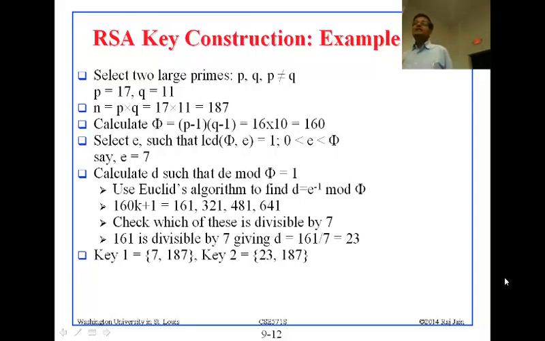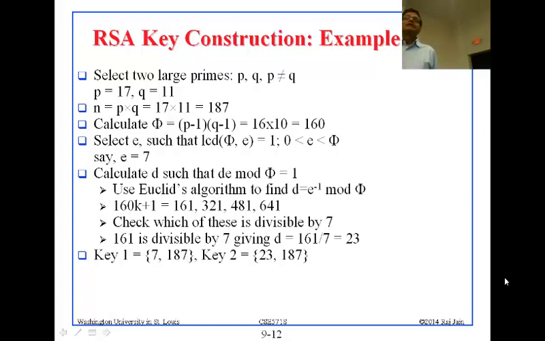Now you can repeat the same exercise at home by selecting some other value of E. This is not the only set of keys, right? You could have selected E equal to what? Can you give me another number for E? 11. You could have selected E equal to 11. Well, 11 is relatively prime to 160, that's fine. You could have selected E equal to 3.